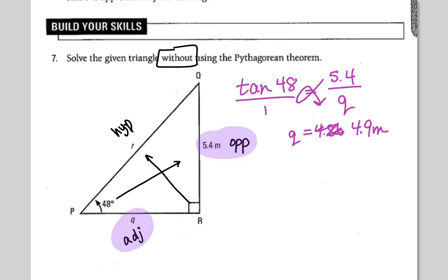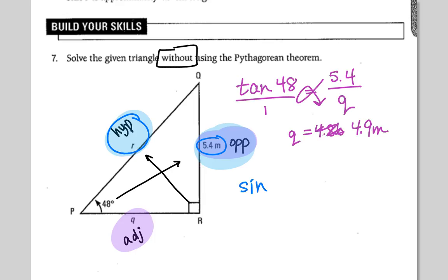And so now I have Q. If I want to get R, and using the op as well, so using the op, which is 5.4, and the hyp, which is R, op and hyp, that is sine.